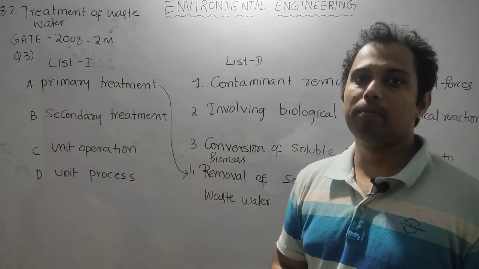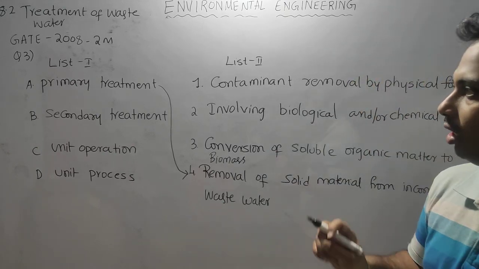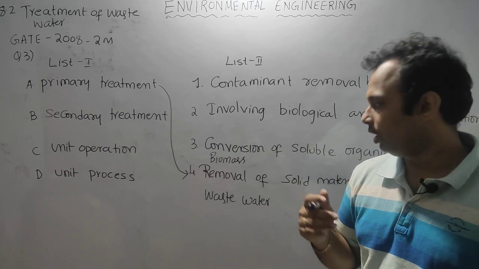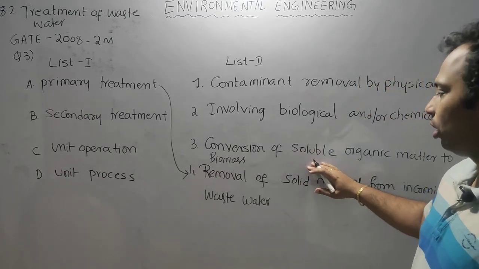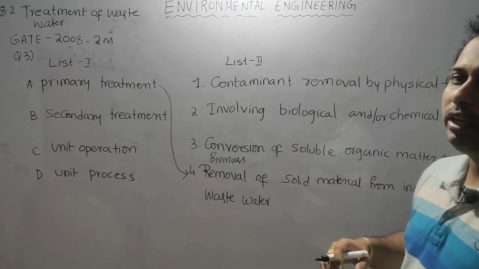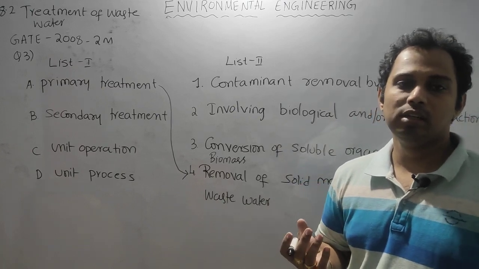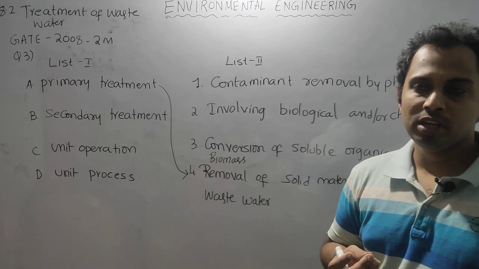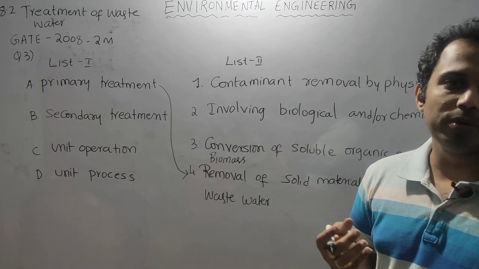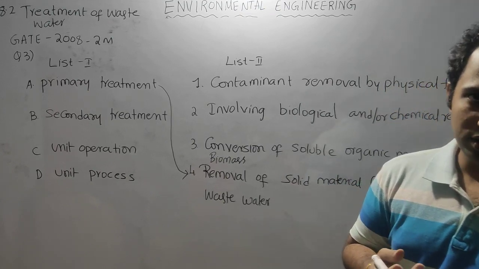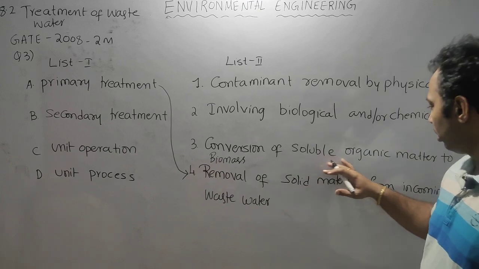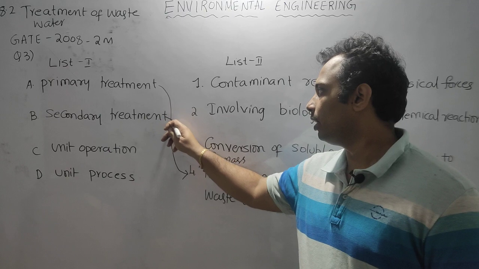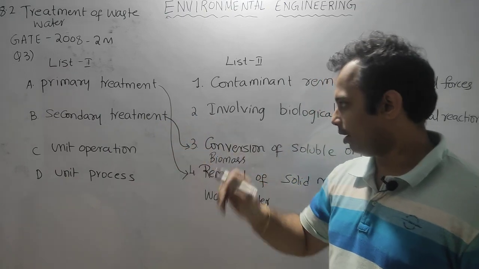Secondary treatment. In secondary treatment we convert the soluble BOD. The soluble organic matter will be eaten by the biomass, and finally in that wastewater all the organic matter will be consumed and biomass will be left. So soluble organic matter will be converted into biomass. That is the secondary treatment.